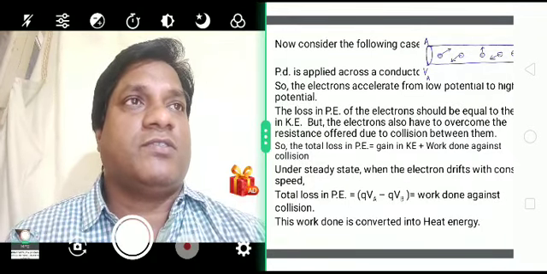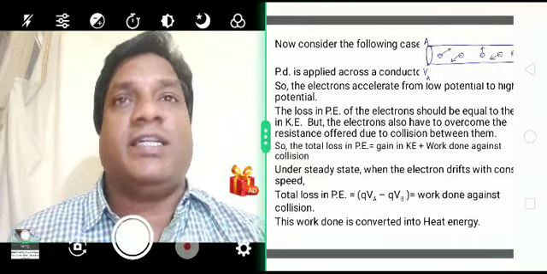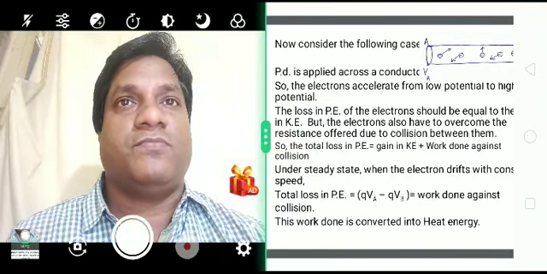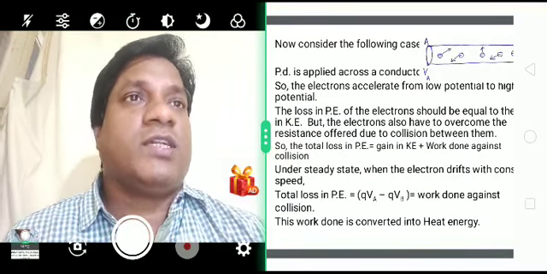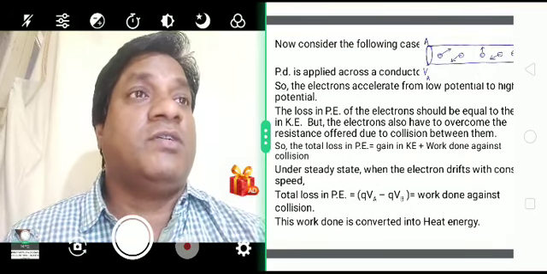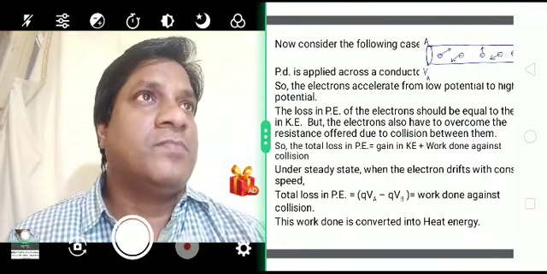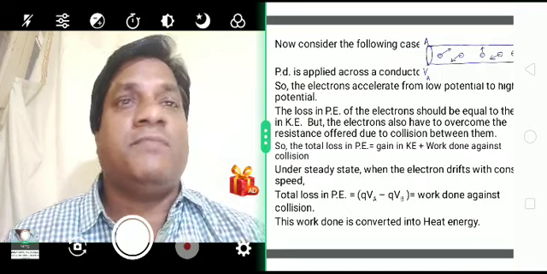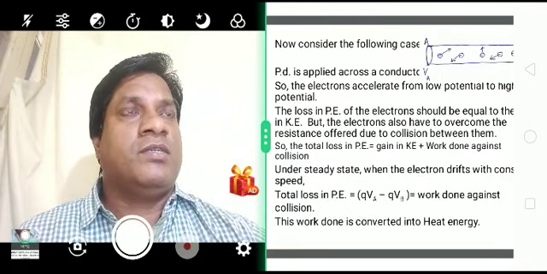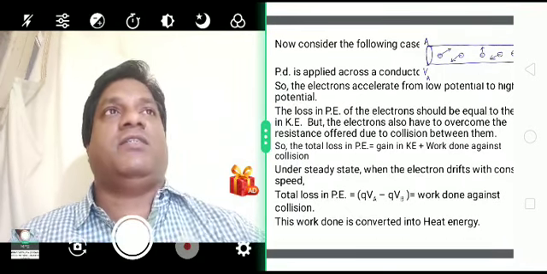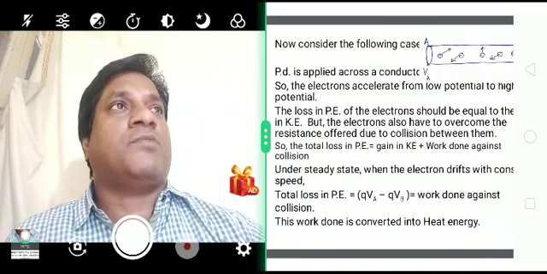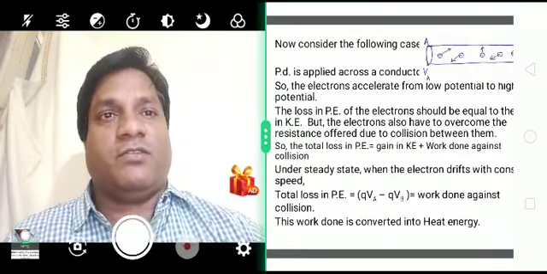It is because the gain in kinetic energy will be zero. So this work done is converted into heat energy. The heat energy which is developed inside the conductor is gradually dissipated from the outer surface of the conductor.